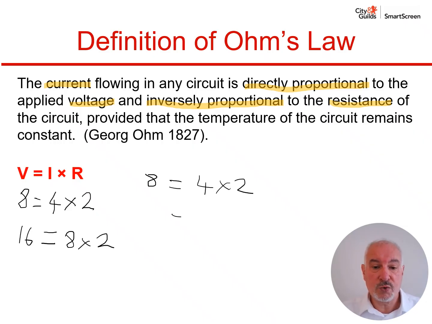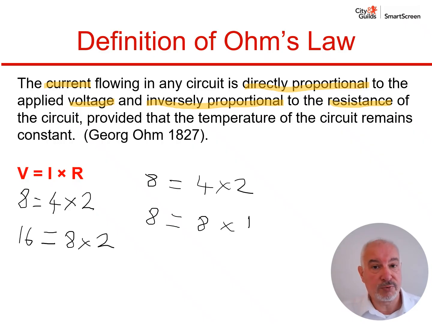But supposing we halved the resistance, we won't change the voltage, that's going to stay the same. So if we halved the resistance, we actually have to double the current. So our formula is still true, 8 equals 8 times 1. So when we halve the resistance, we double the current. That means it's an inverse relationship.